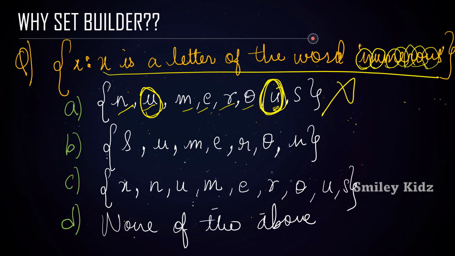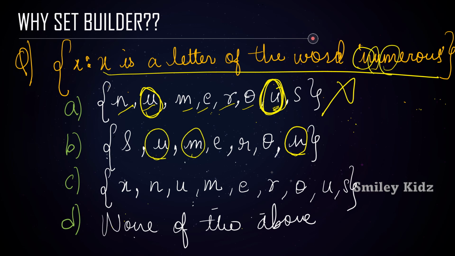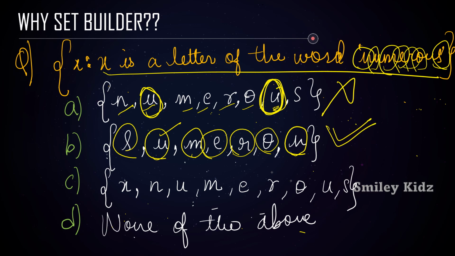So option A is definitely wrong, isn't it? Now if I move on to option B, I have N, U, M, E, R, O, S. This is the correct form.